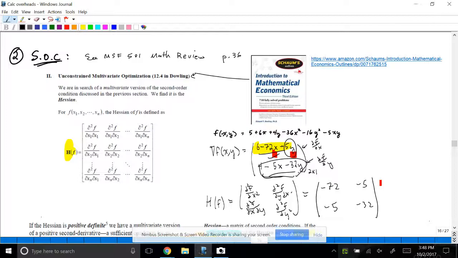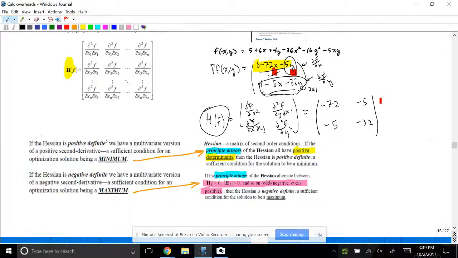Now, the rule here is we want this Hessian to be kind of like the equivalent of a negative second derivative. So we want this Hessian to be something called negative definite.